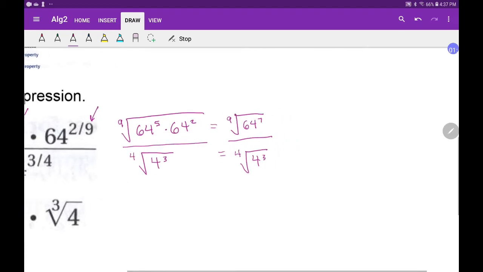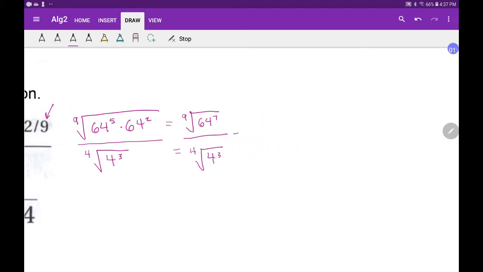However, let me show you something else. I want to go a little further. I have the ninth root of 64. Now, 64 is 2 to the sixth. If I say 2 times 2, 6 times, I'm going to get 64, and it's to the seventh power.